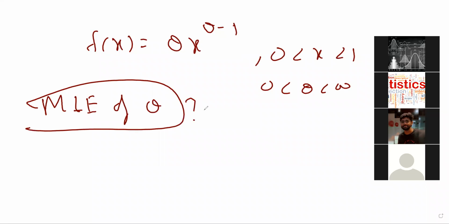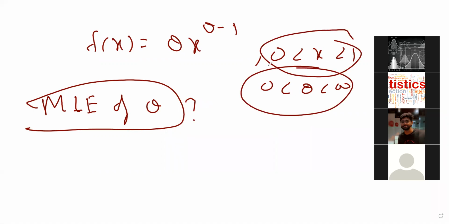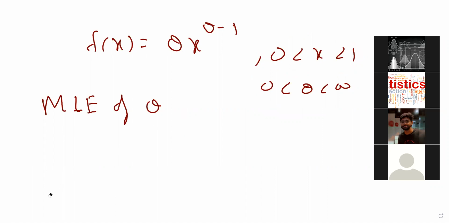See, whenever the range of x depends on theta, that will be a different type of problem. In that case you cannot differentiate log L and put it equal to 0 to get theta; you have to do things differently. Here it is a normal case. Does everybody know how to solve it? Anybody who doesn't know how to solve this question? Okay, I will solve it for you. I think it is an easy question, but still I will solve it.